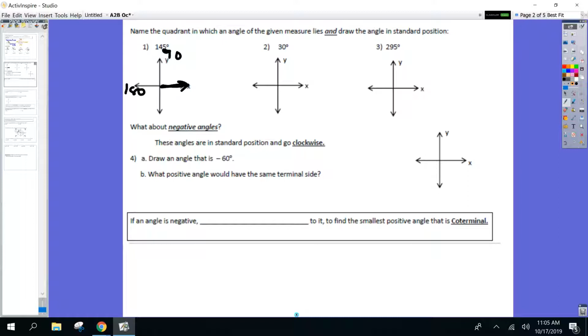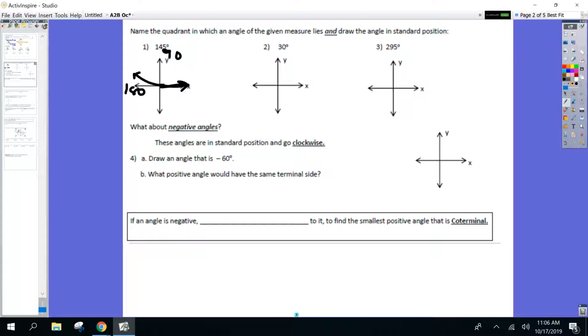So it's closer to what? 180. Do I need to review how I know it's closer to 180? Okay. So then draw your, what side's this called again? Terminal side closer to 180 then. Okay, draw it closer to 180.